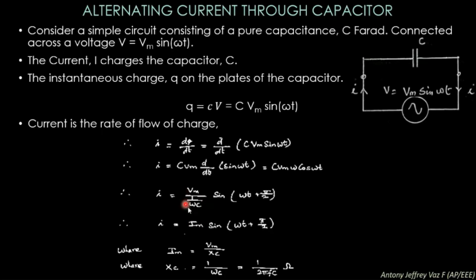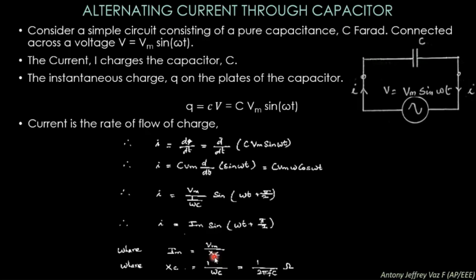If you need to understand this, you need to do a very long derivation, so these derivations are simplified. We are directly putting Vm by 1 by omega c as Im. After that, you will get the term sin omega t plus pi by 2, where Im is equal to Vm by Xc.